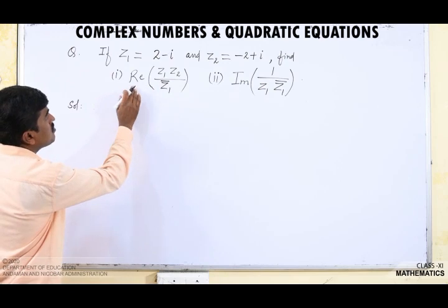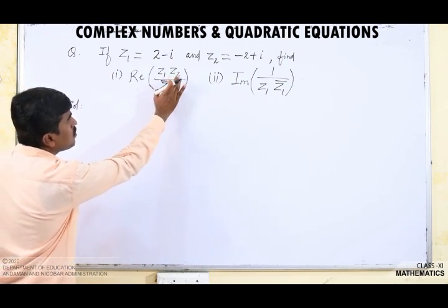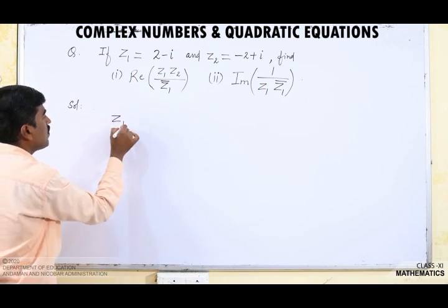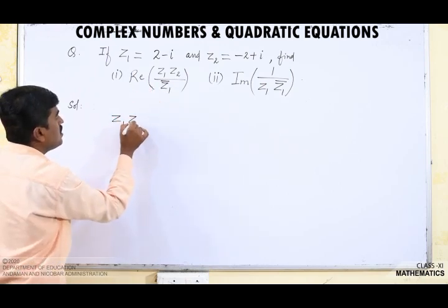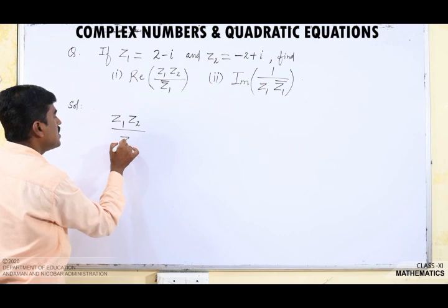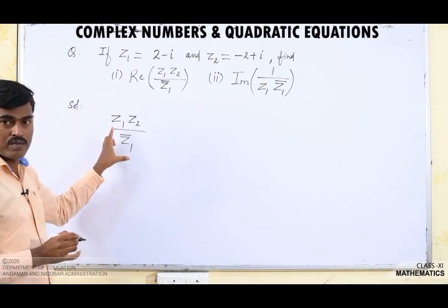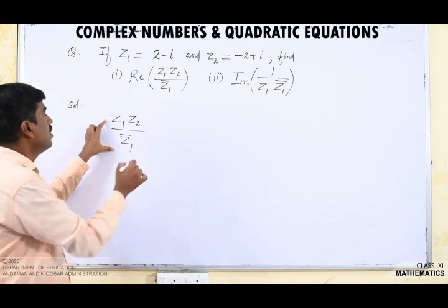So to find this real part of z1 into z2 divided by z1 bar, first of all we have to find the value of z1 into z2 divided by z1 bar. That means first of all we have to find this complex number. It is also a complex number.